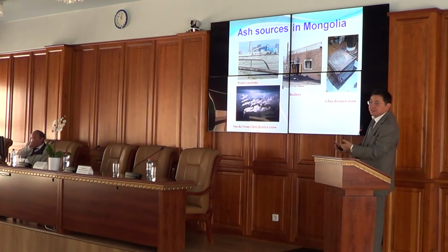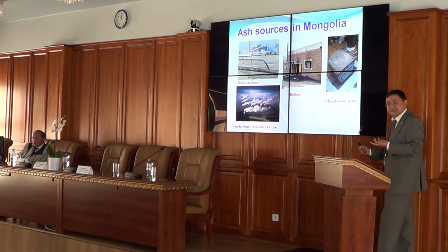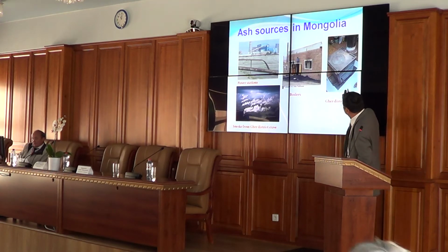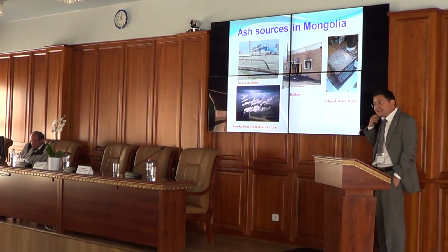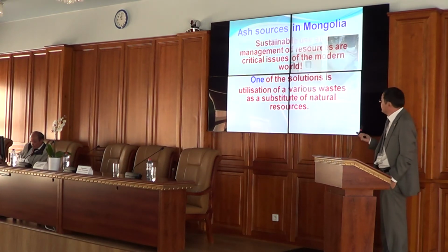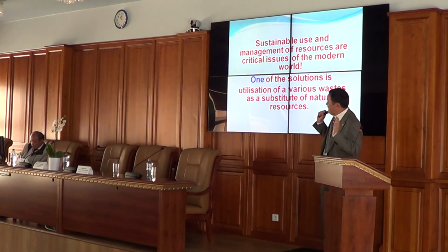And every 3 or 4 years they have to build a new ash pond. All of these things are a very big challenge for us, and we are trying to overcome it.